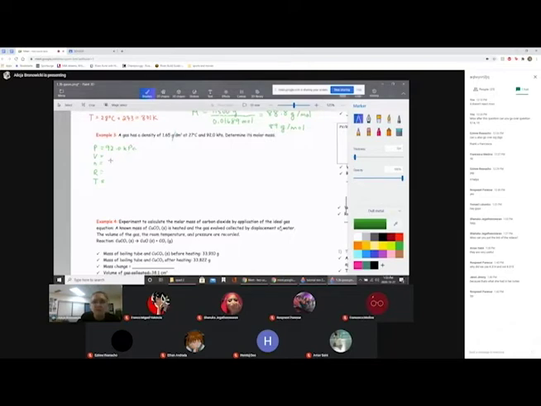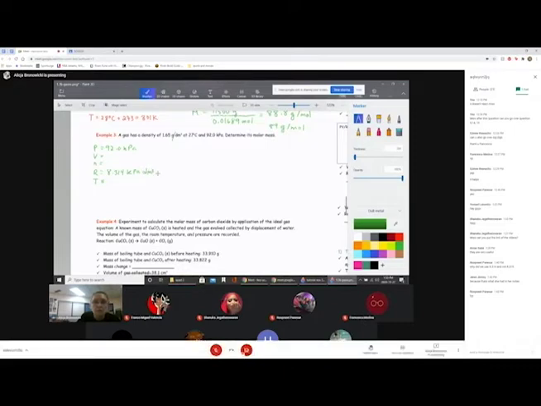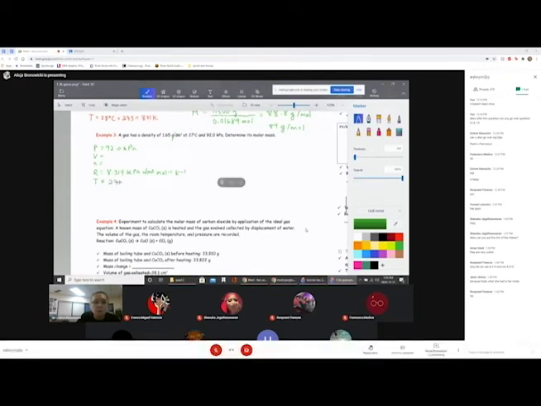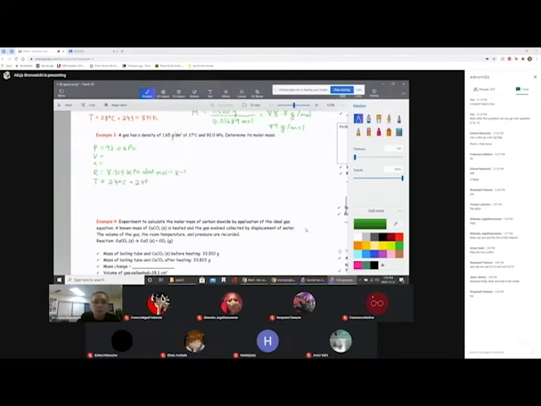Volume, I'm not given a volume. I'm not given moles. R is always 8.314 kilopascal DM3 mole minus 1 K minus 1. 27 degrees Celsius plus 273 equals 300 K.